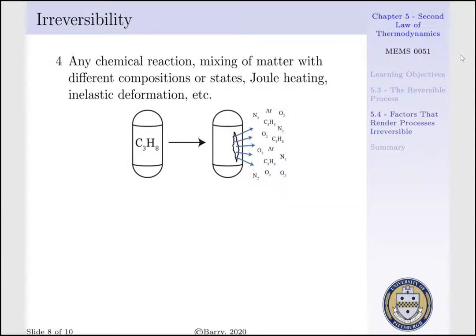Joule heating, i.e. the localized heating of a material as it carries current, is also going to be an irreversibility. That heating occurs due to collision of electrons that are now converting their electrical energy into thermal energy. And anytime there's an inelastic deformation in a material, some of that energy resulting in the inelastic deformation cannot be recovered. Thus, we have an irreversibility.